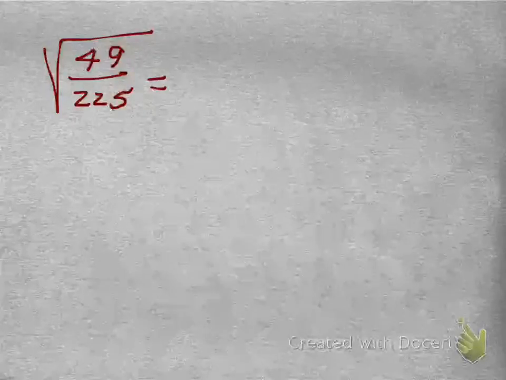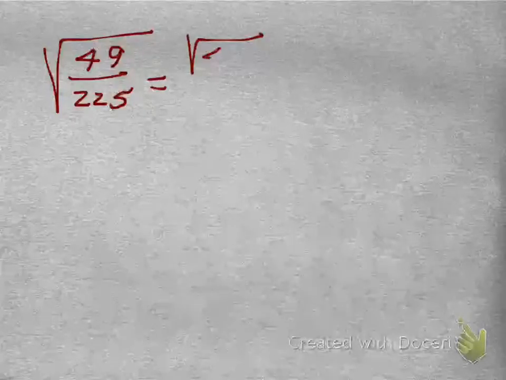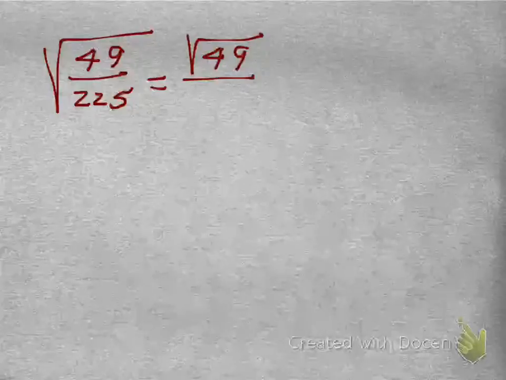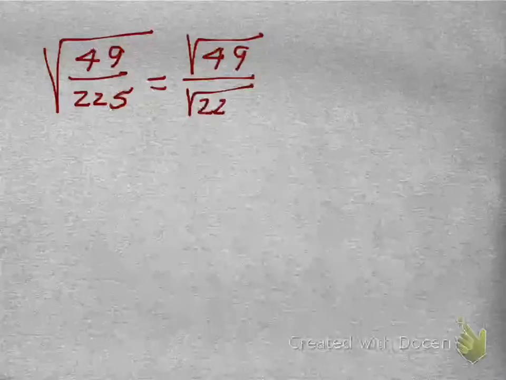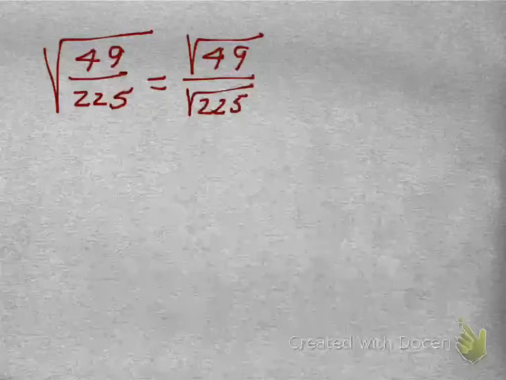How can we simplify fractions underneath a radical? Let's take the square root of 49 over 225. We can break this into two radicals, the square root of 49 and the square root of 225. You can do that because it's a division.